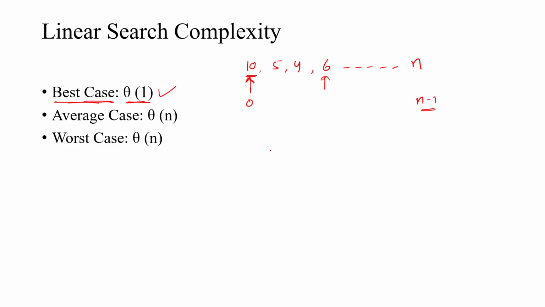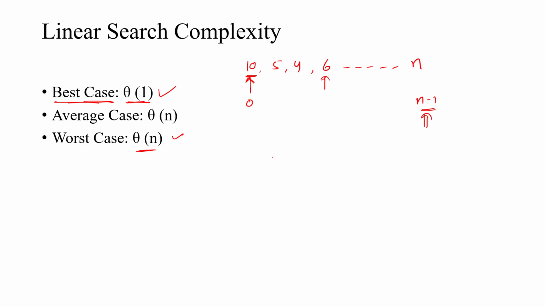The worst case is when we find the element at the last position, meaning we have to run the complete loop and search all the elements. Or sometimes we don't find the element at all. Then also our loop will run n times. That's why in the worst case, the complexity of this algorithm will be theta of n.